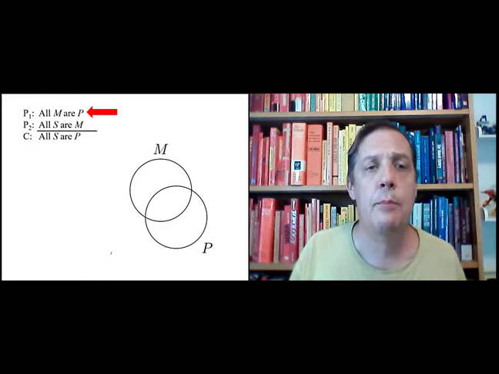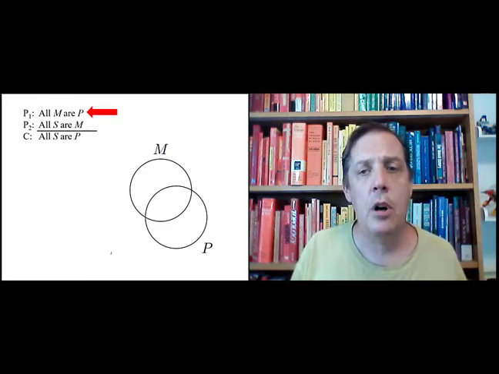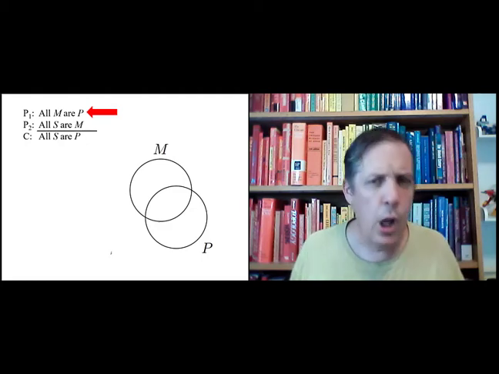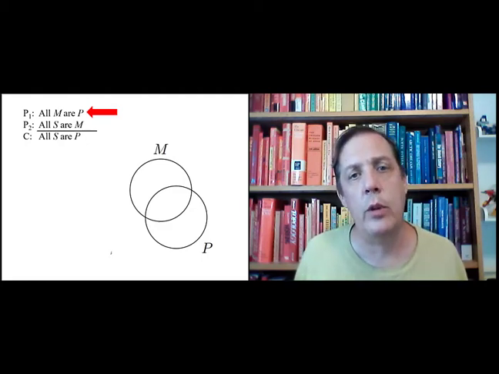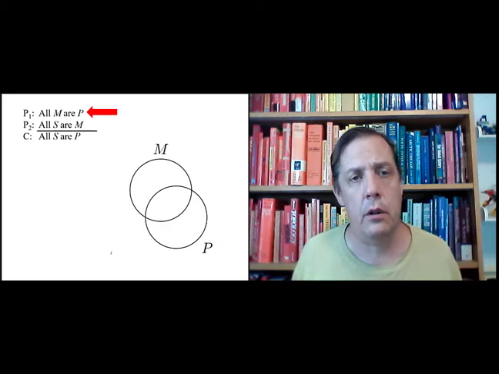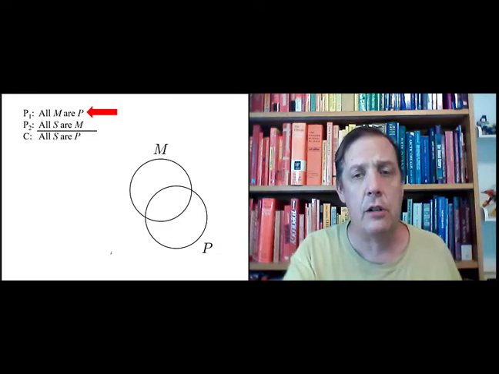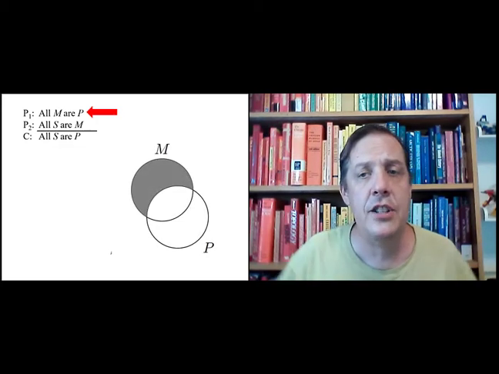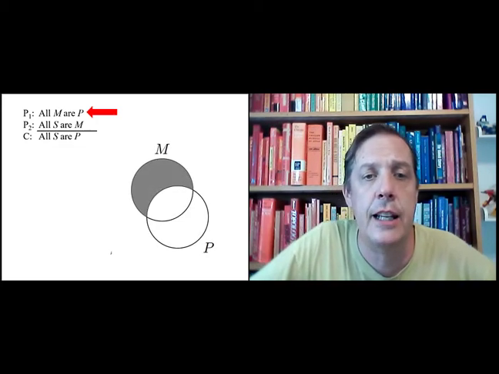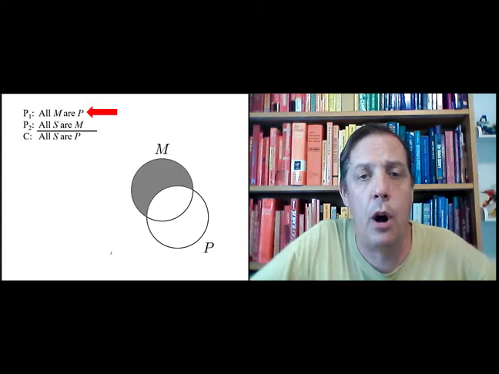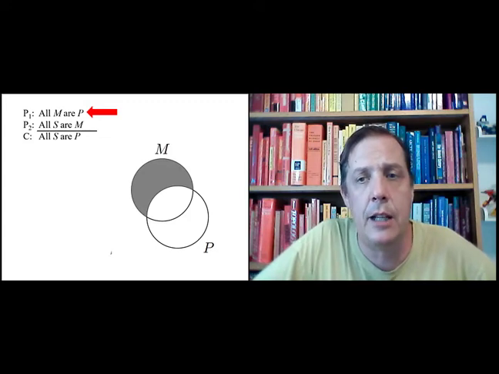So how would we represent all M are P? We do it the exact same way we did it previously when we were just dealing with single sentence diagrams, right? So an A statement is represented by shading in the part of M that is not P, right?